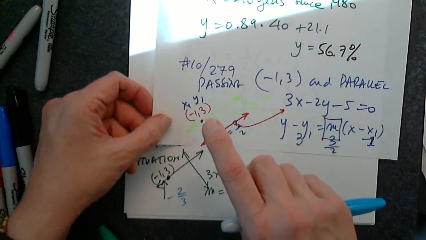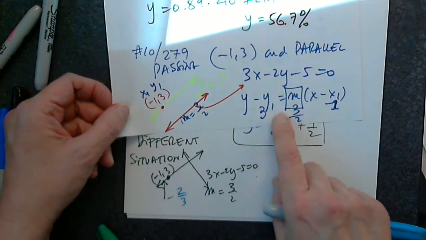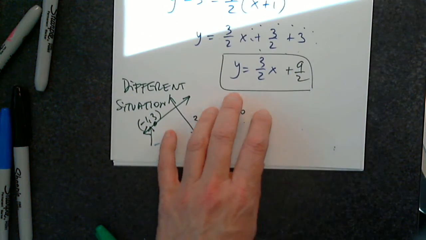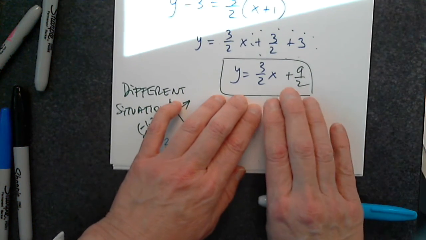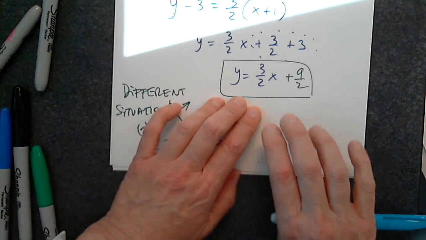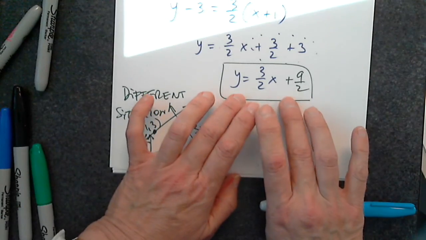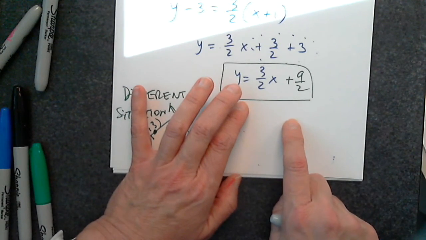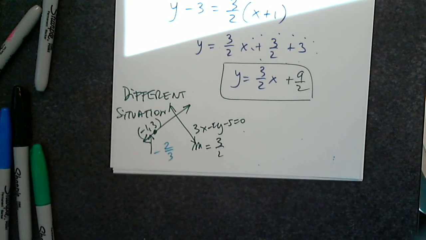Okay. So we determine the slope, we use the point slope form, and now we have the equation of the green line. This is the equation of the green line. Okay. Guaranteed to be parallel. Very good question. Thank you for asking. So guaranteed to be parallel to the given line and passing through -1, 3 as indicated from the very beginning. Is that clear? Okay.